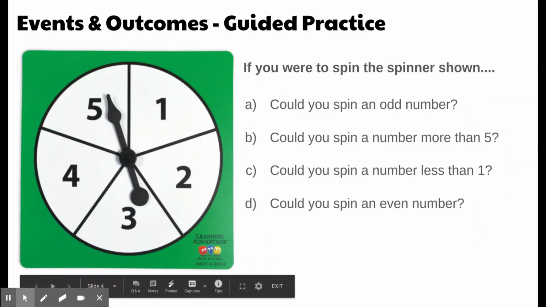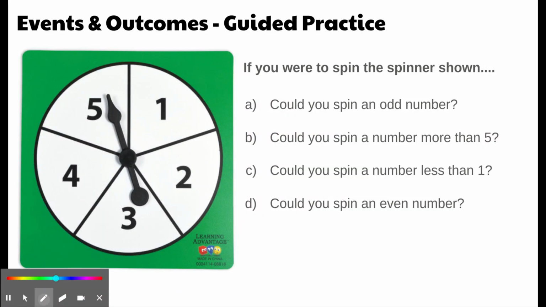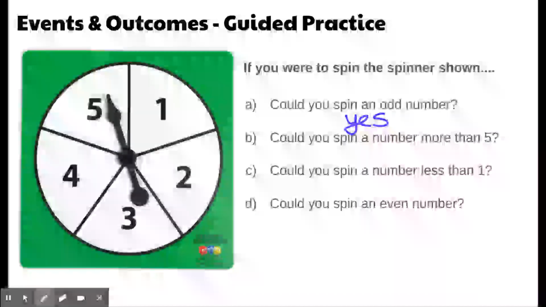Okay, next, if you were spinning this spinner that's on the left, is it possible to spin an odd number? Well, there are multiple odd numbers on the spinner, so the answer is yes, it is possible. Could you spin a number that is more than 5? If you take a look, the numbers are 1, 2, 3, 4, 5.